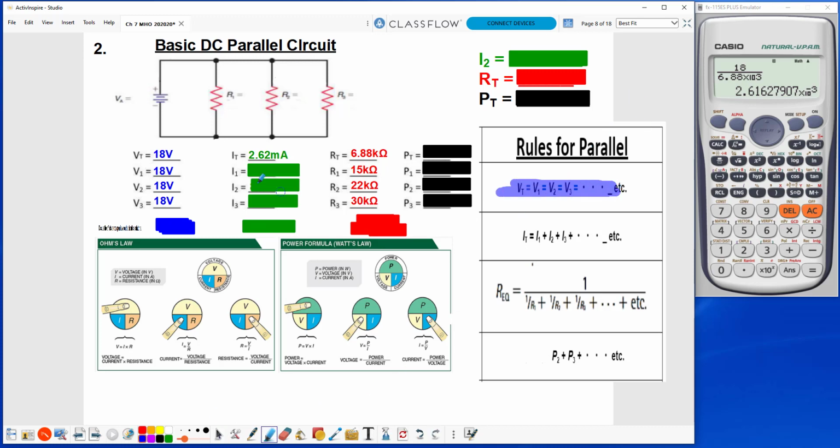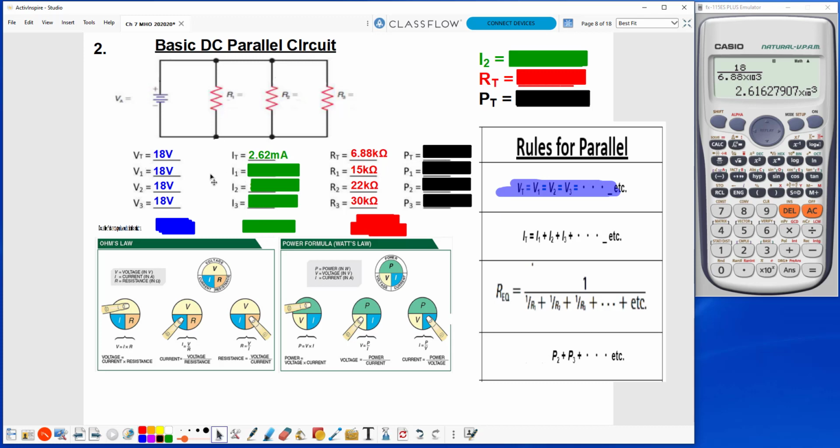So for this parallel circuit, we can go ahead and write all of our voltages down. And we will have to calculate each one of our currents, because current does not stay the same in a parallel circuit. It adds up, as you see right here on the rule. It does stay the same in a series, but in a parallel, each one of our currents will be different.